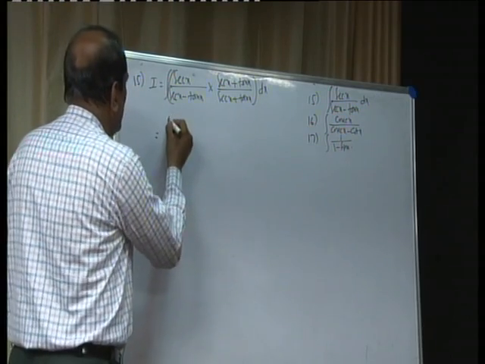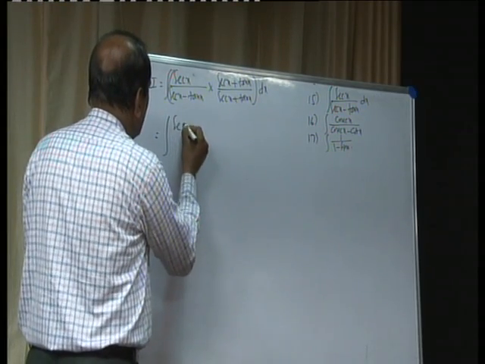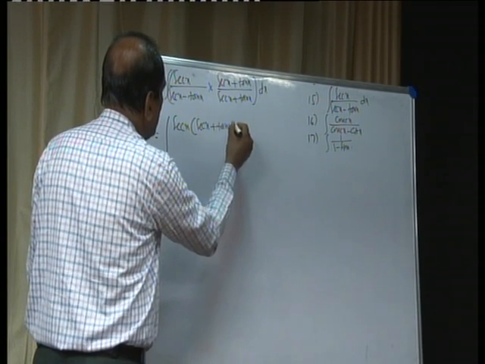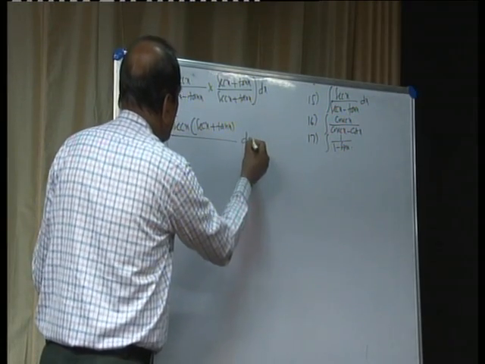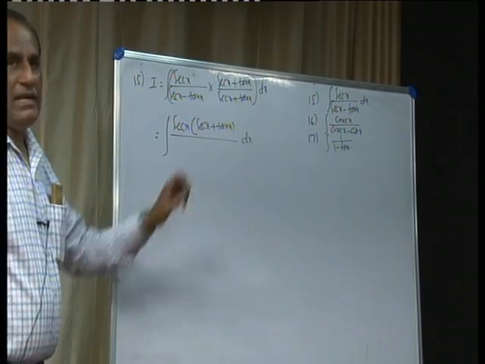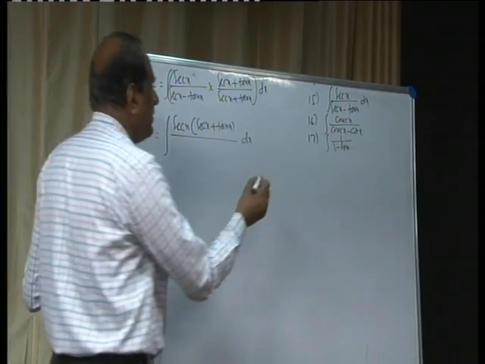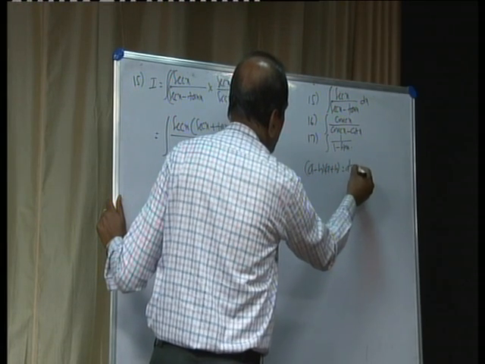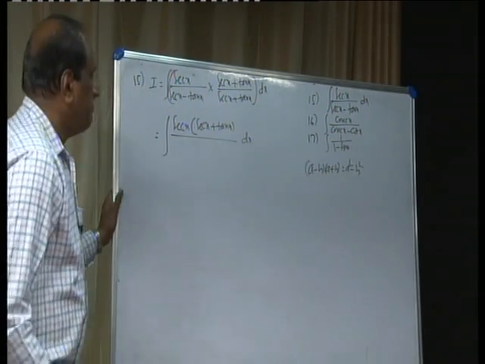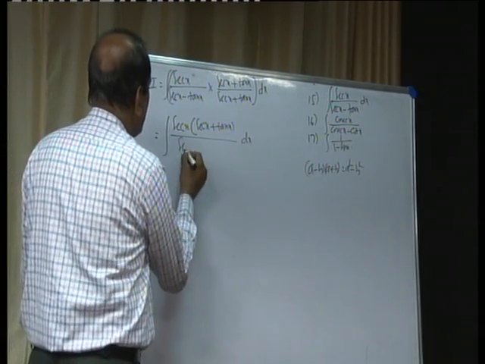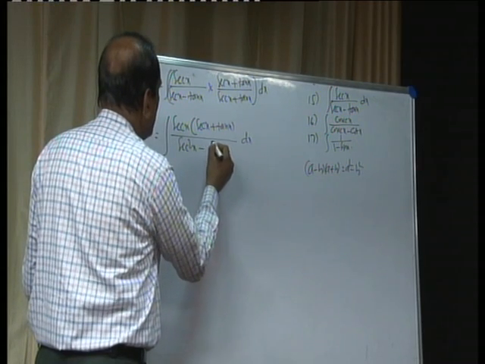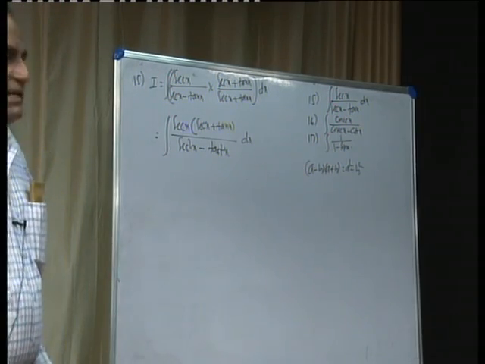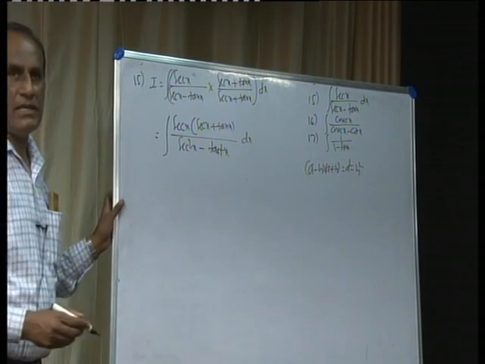Now see here, the numerator is secant x into (secant x plus tan x), divided by the denominator (a minus b) into (a plus b). What is (a minus b) into (a plus b)? It is equal to a square minus b square. That is, a square is secant square x minus b square is tan square x. Now there is an identity: 1 plus tan square x is equal to secant square x.